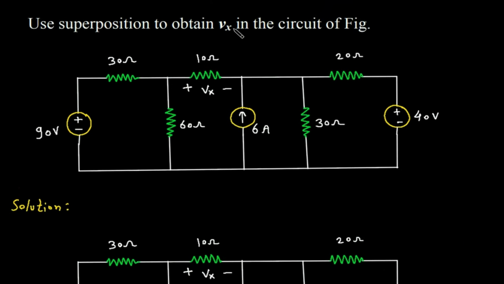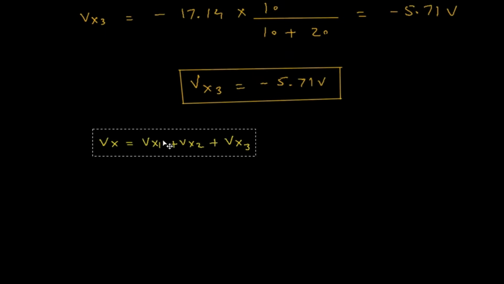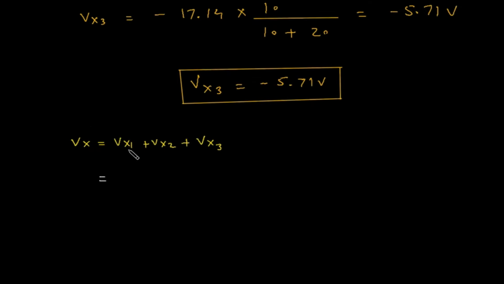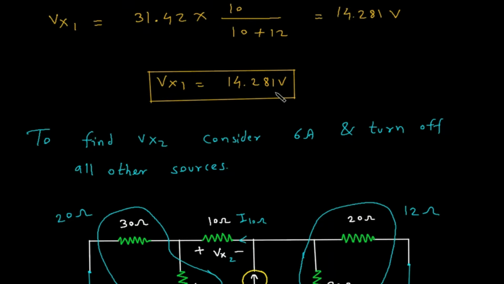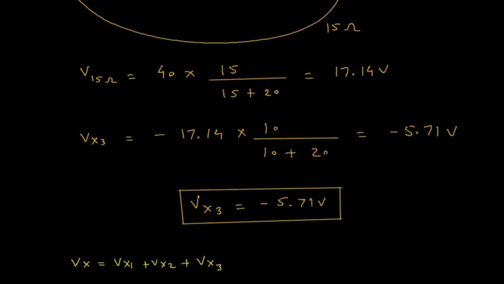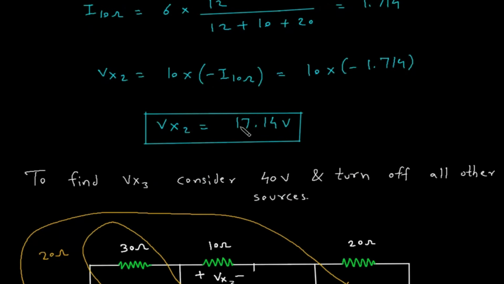What we have to find? We have to find Vx using superposition. So Vx is equal to Vx1 plus Vx2 plus Vx3. Vx1 is equal to 14.281 plus Vx2. Vx2 is, this is not 17.14, this is minus 17.14.